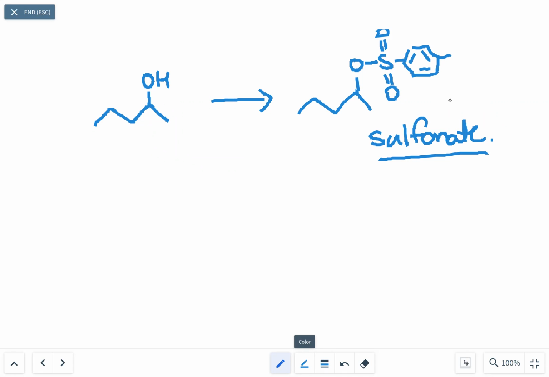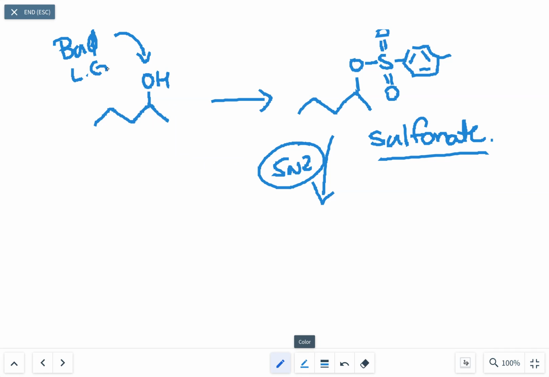We can convert this into a sulfonate and then do an SN2 reaction on these, or you could technically do an SN1 reaction on these too. So there's a way of converting something which is a bad leaving group into something which is an awesome leaving group.